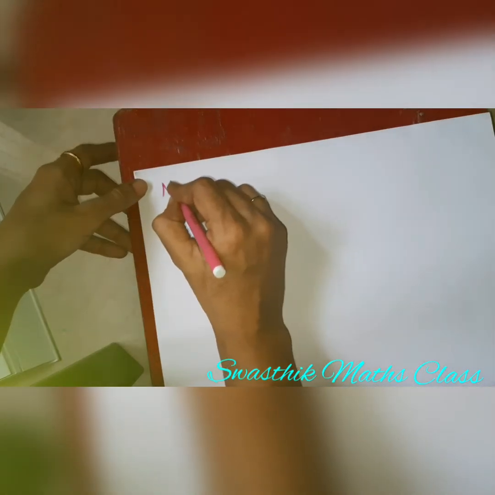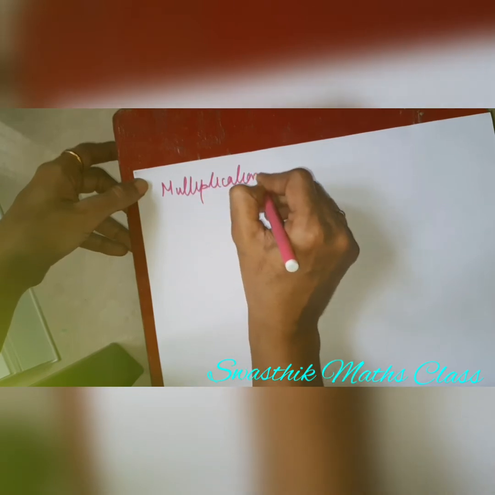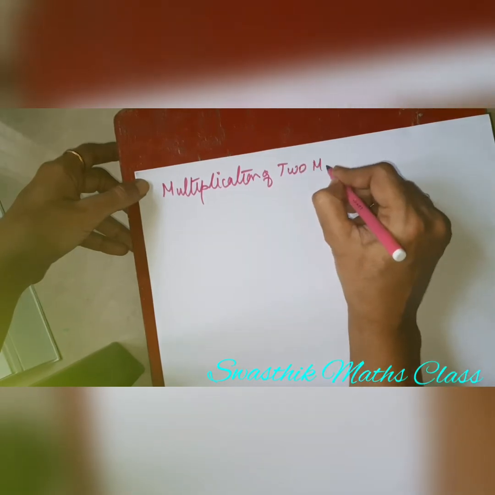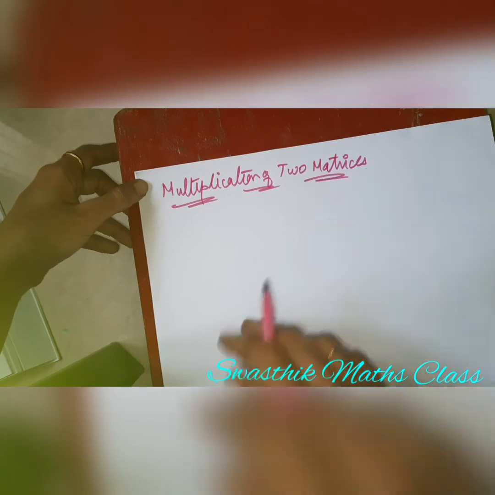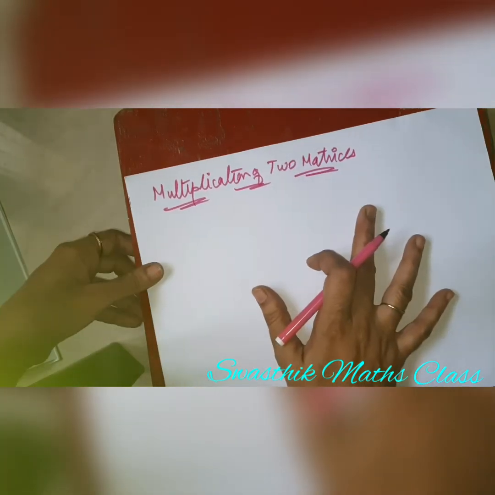Okay. Next, shall we see the last operation, multiplication of matrices? So, multiplication of two matrices. To get multiplication of matrices, we need two matrices. So, let us define that.